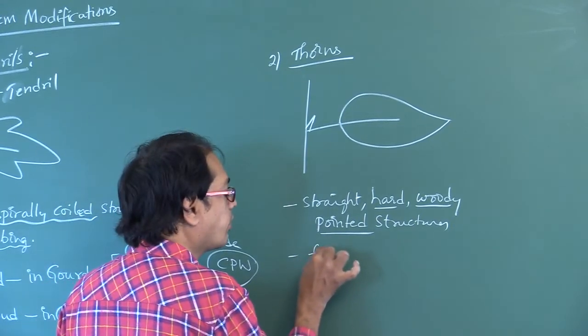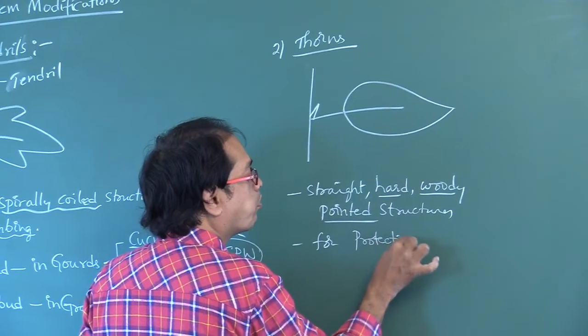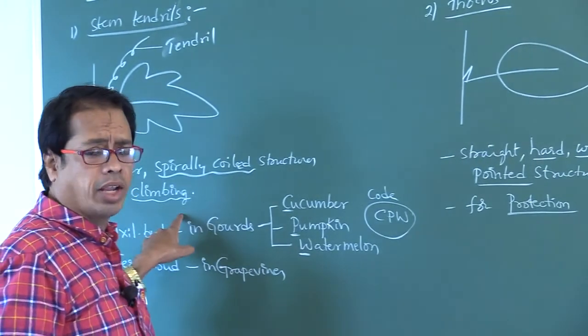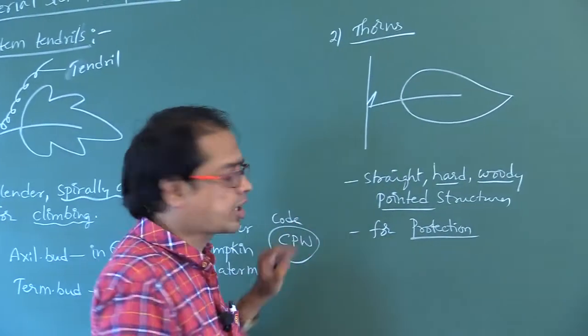These are useful for protection. Tendrils are useful for climbing. Thorns are useful for protection.